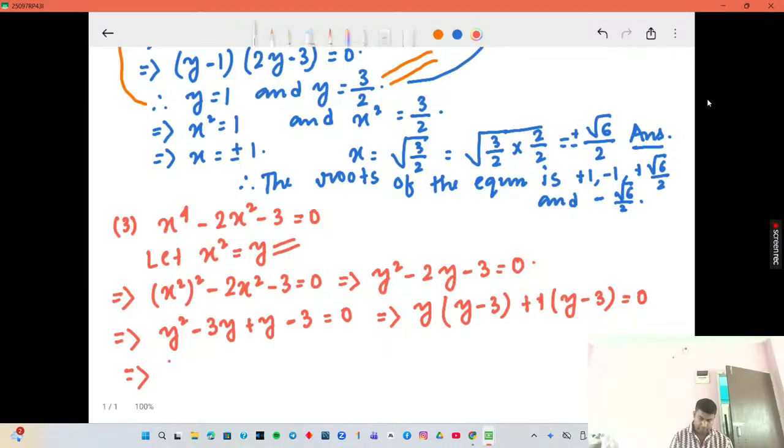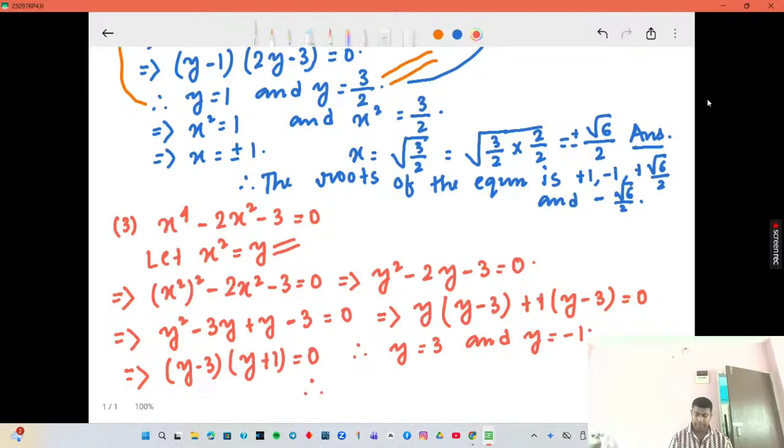So now y minus 3 is equal to 0 and y plus 1 is equal to 0. Therefore, y is equal to 3 and y is equal to minus 1. Therefore, we will put the value of y as x squared is equal to 3 and x squared is equal to minus 1.